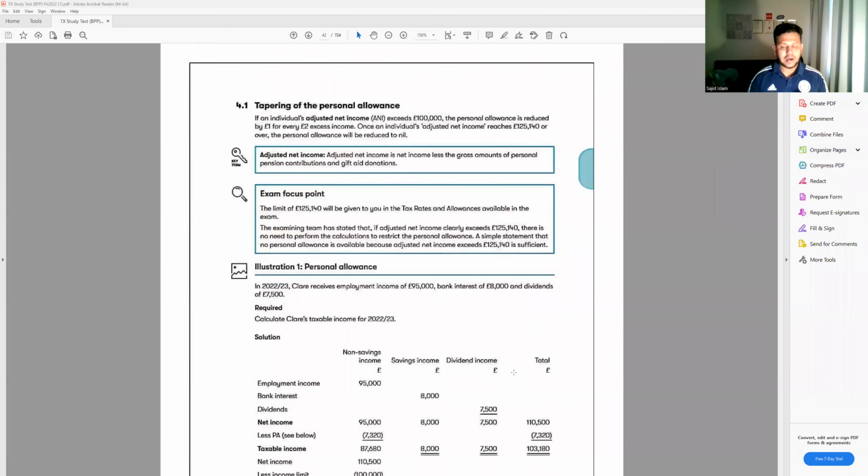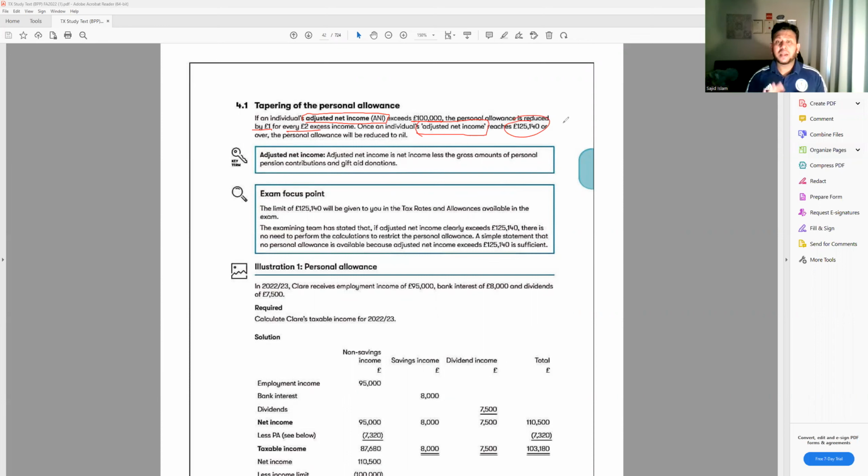The personal allowance, how does it have an impact? As I said, if the income is more than 100,000, there is an impact on the personal allowance. They said here, if an individual's adjusted net income, ANI, exceeds 100,000, the personal allowance is reduced by £1 for every £2. That means if the total ANI is more than 125,140, then there is no personal allowance.